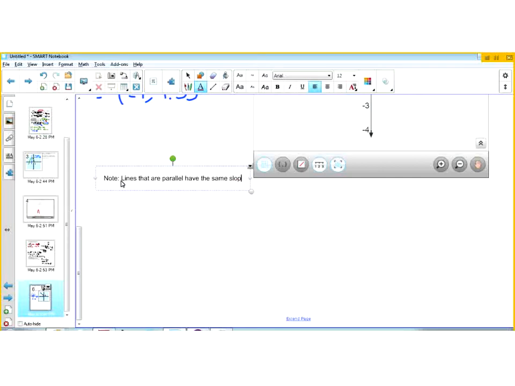Have the same slopes. Okay? The slopes of lines which are perpendicular are negative reciprocals.